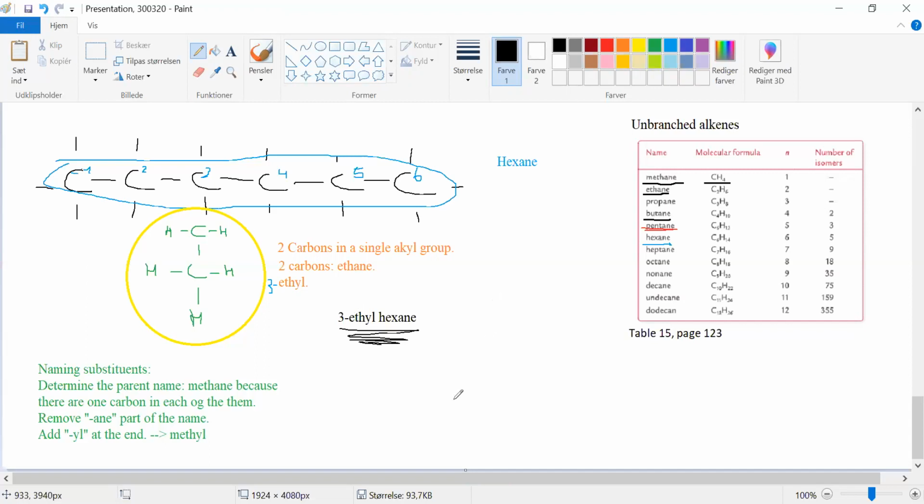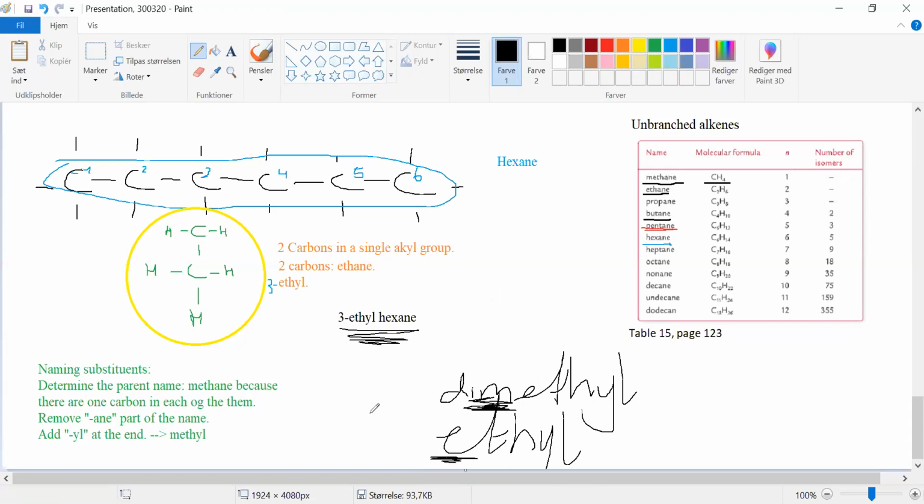So if you had two methyl groups, that should be after ethyl, because it's the M that you put in alphabetical order with the E here. Or it could also be a triethyl. Triethyl will always be before dimethyl, for example, because it's not the prefix that you put in alphabetical order, it's the name of the alkyl group or the substituent. Okay?